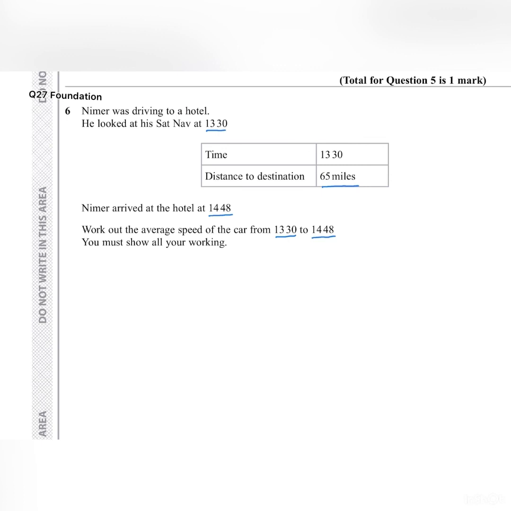Now the average speed, or speed, is distance divided by time, and we have the distance, which is 65, and the time between 13:30 to 14:48. Okay, so you can take this in steps.